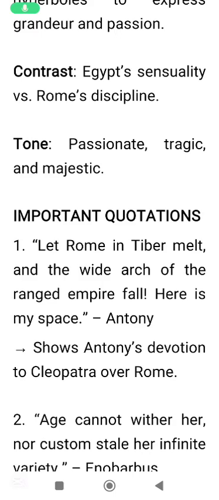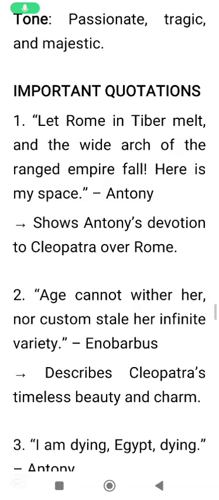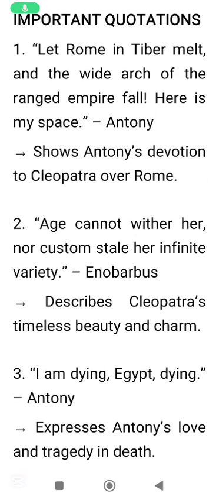So now let me bring you some of the quotations that we have from this particular play. "Let Rome in Tiber melt and the wide arch of the ranged empire fall. Here is my space." Antony is the one that made that statement. It shows Antony's devotion to Cleopatra over Rome. Then there is another aspect of the play when you read it, where Enobarbus said something.